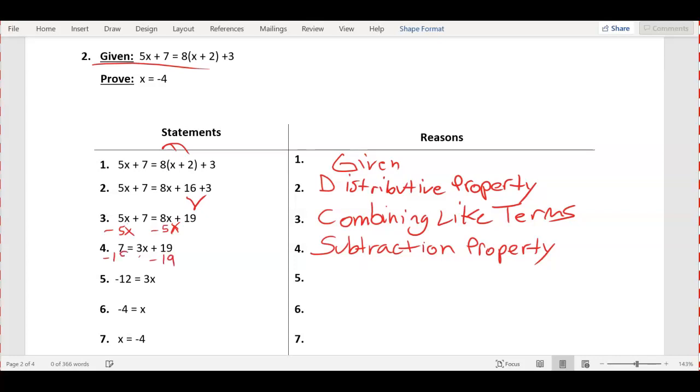And isn't 7 minus 19 negative 12? It is, okay? So since I just subtracted on both sides, what's my reason? If you subtract on both sides, what's your reason? Okay, subtraction. Now, we had that on our last step, and we're doing it again. That's fine, okay? You can subtract twice as long as you need to do those steps, right?